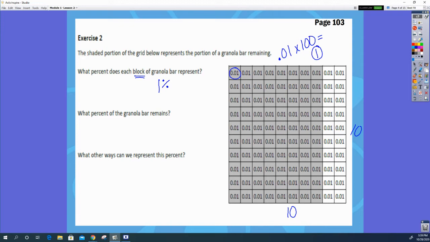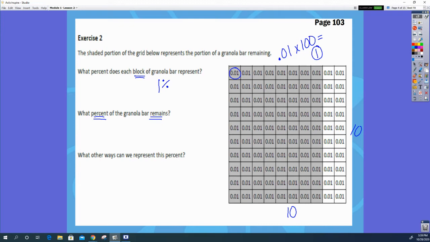Okay, so what percent of the granola bar remains? Now they said the shaded portion of the grid below represents the portion of the granola bar that was remaining. So if I want to figure out what percentage of my granola bar remains, I want to figure out how many are shaded, because that's what's remaining.